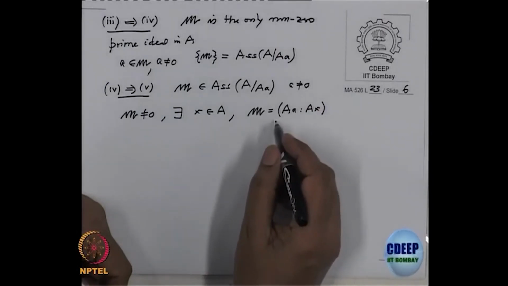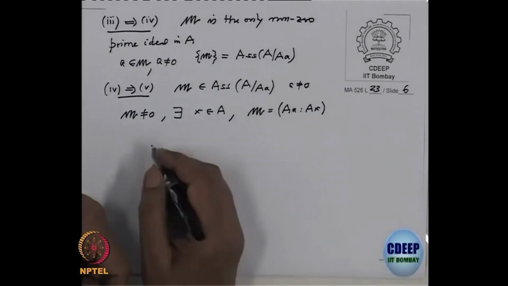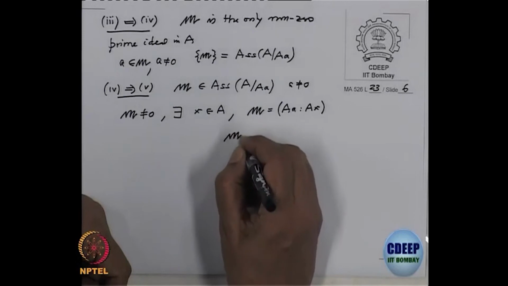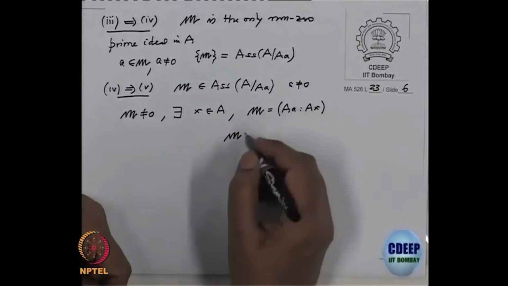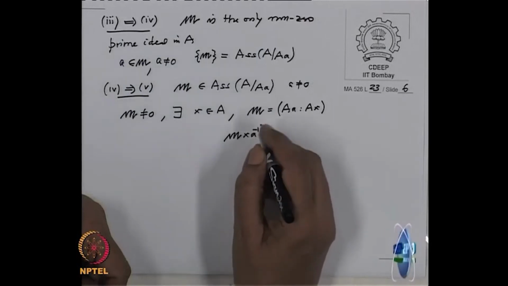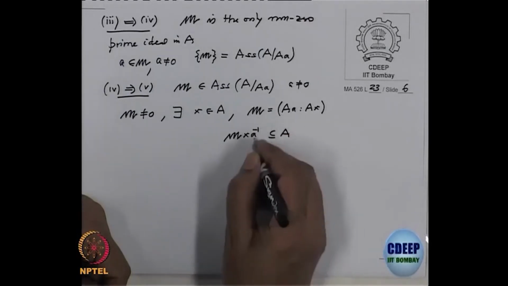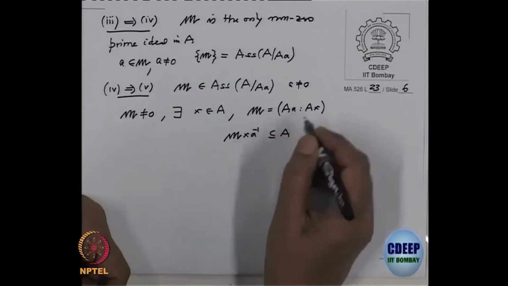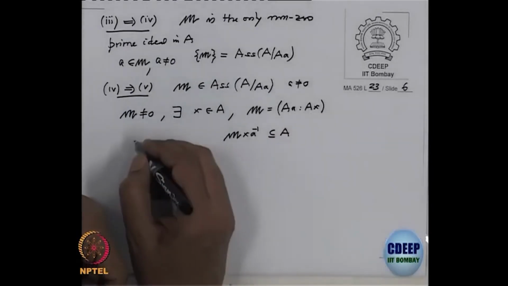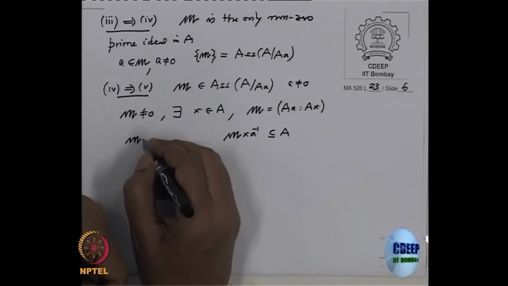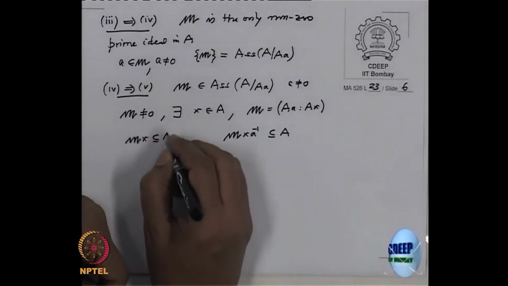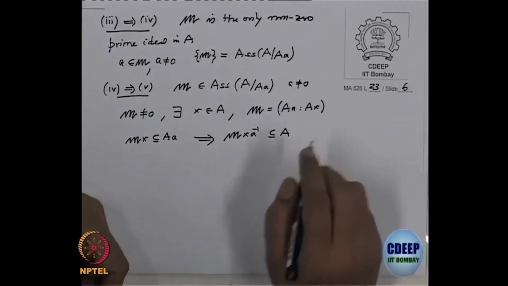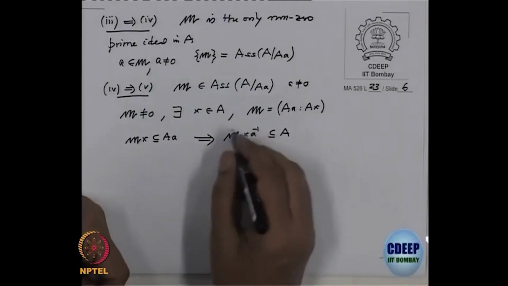But this will mean, if I take any element of M and multiply by x a inverse, I will go in A. To check this, I have to check that M times x is contained in A, but that is the definition of this colon. So, M times x is contained in the ideal generated by a, and multiplying a inverse from this side, that shows this.